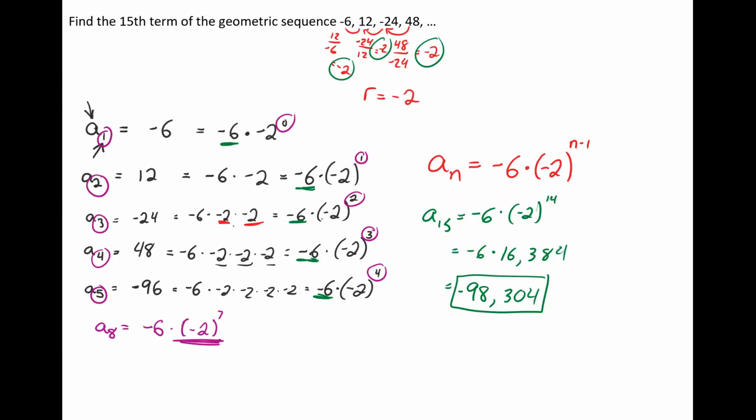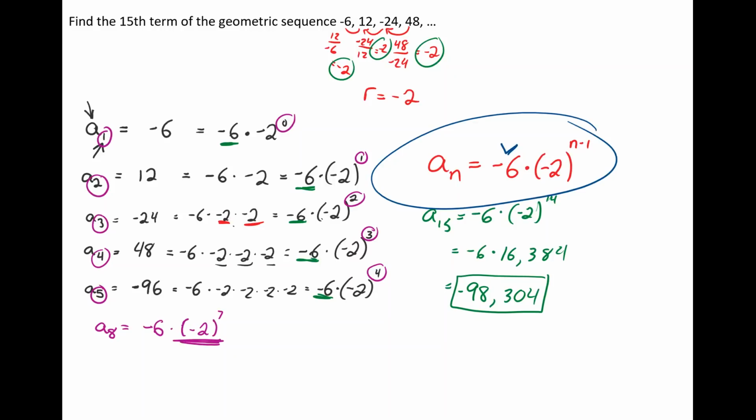And even though it took us a while to derive that formula, now that we have a general notion of it, it's going to be a lot quicker to find terms in other geometric sequences. In fact, let's take our formula right here and generalize it a little bit.